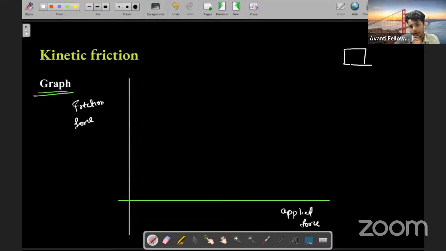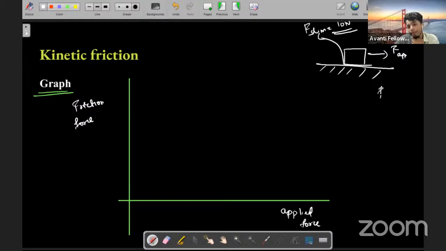If there was a body over here and I was applying certain forces, the applied force. As I said, let's say the limiting friction is 10 Newton. If I'm applying 1 Newton force, the body won't move, but there is a static friction being applied, that is 1 Newton.